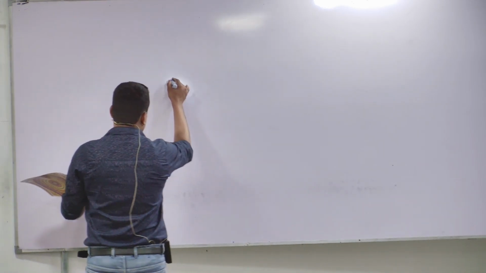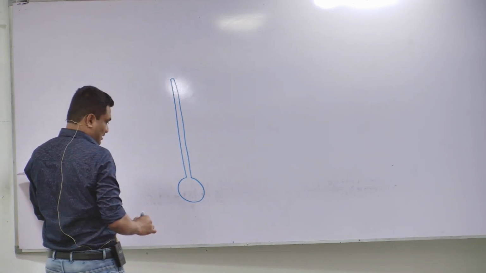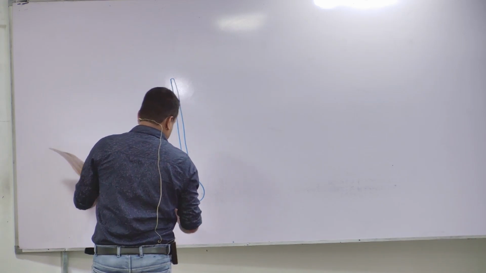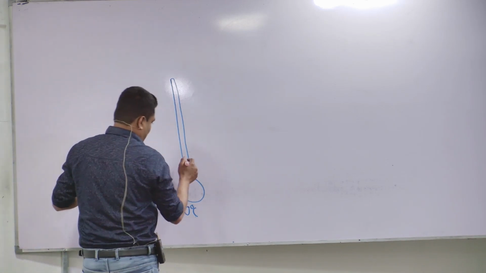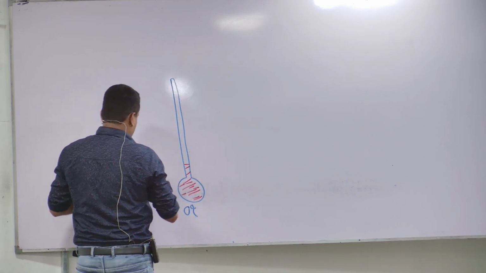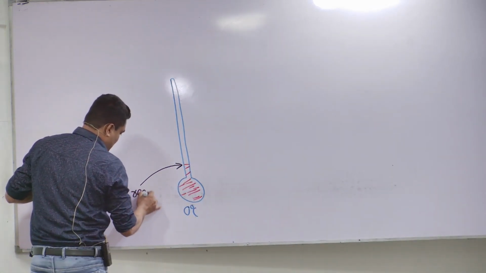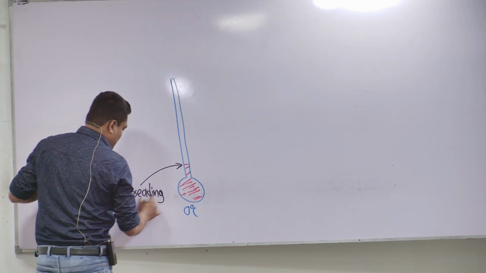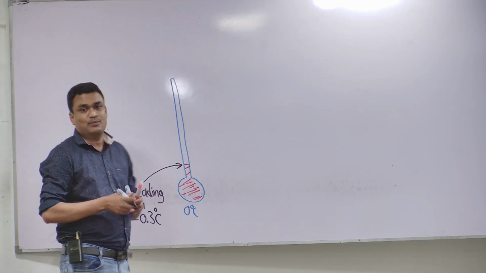If this incorrectly calibrated thermometer is kept at 0 degree Celsius temperature, the mercury column will be somewhere here, and it shows a reading of minus 0.3 degrees Celsius. Am I right, dear? This is what is said in the next part of the question.